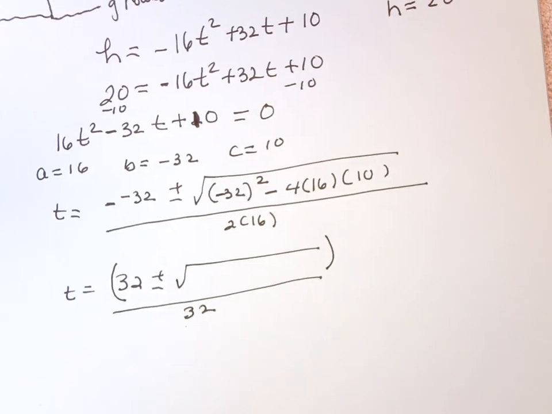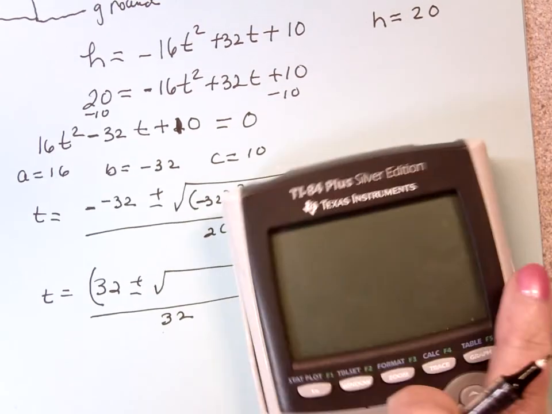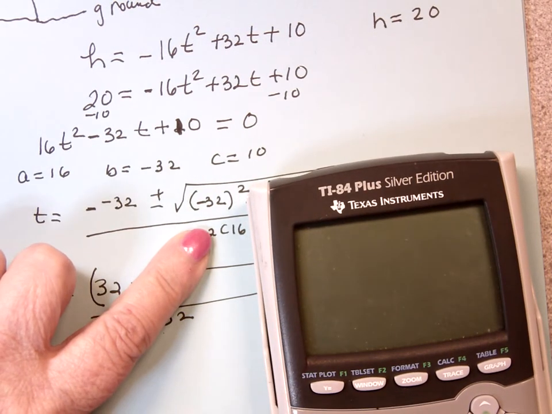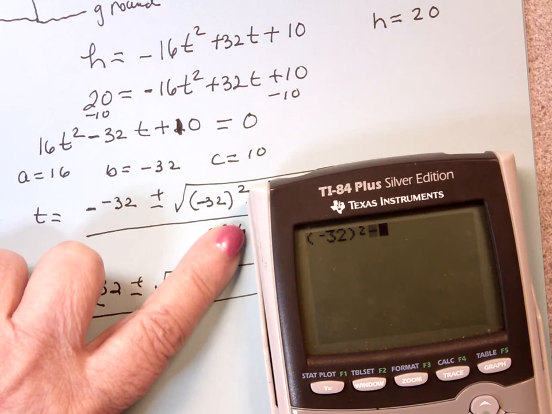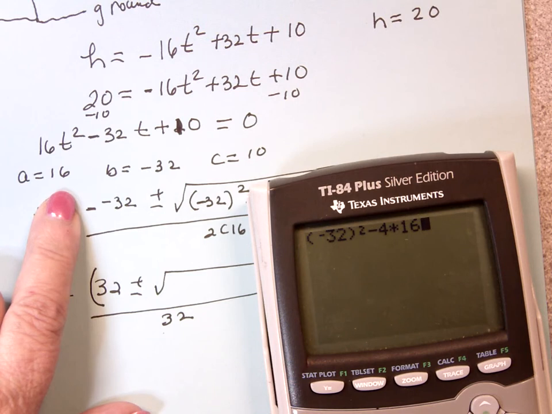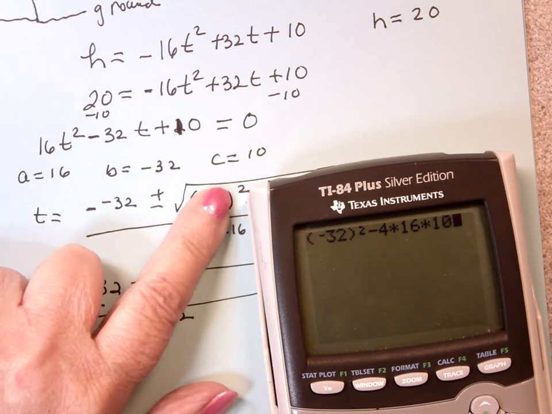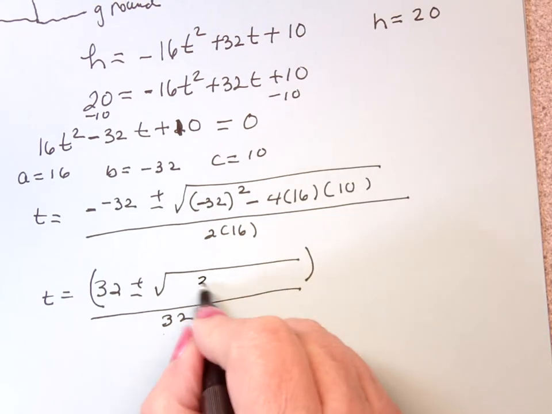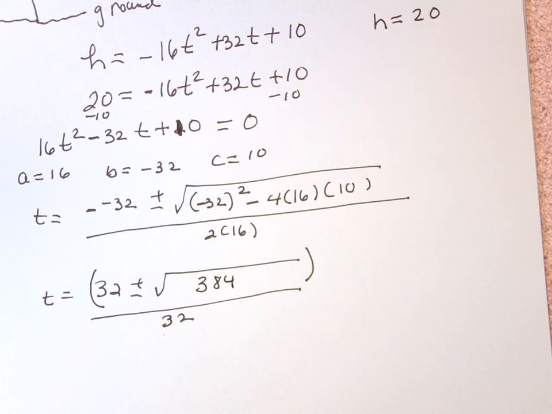So now I take out my handy dandy little calculator, and it's negative 32, so I've got to take a parenthesis, negative 32 parenthesis squared, minus 4 times A, which is 16, times C, which is 10. So that's 384, all over 32.